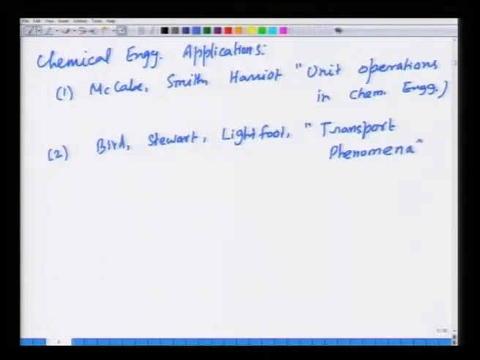So, these books also suggest the level at which this course will be pitched, and they will also give you some background material as well as additional reading material as we go along.